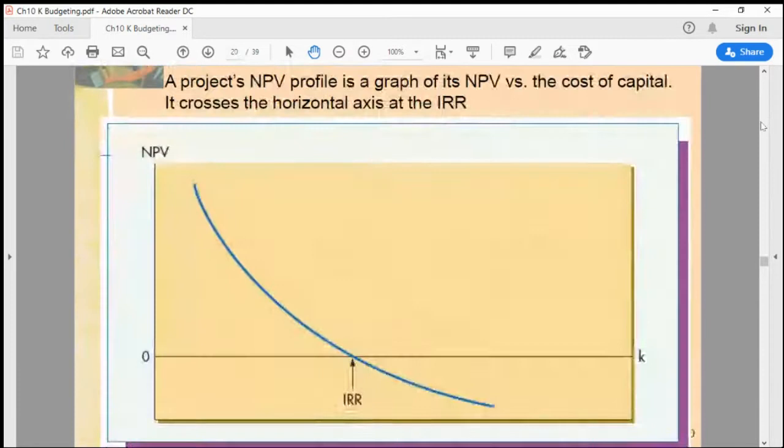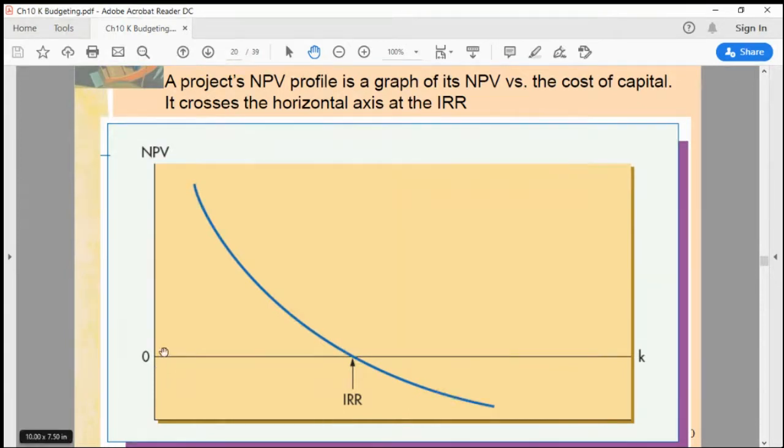If we go back to this, let's see, if we draw an imaginary vertical line here, the y-axis, this is 0, not only in terms of net present value but also 0% on the horizontal axis.